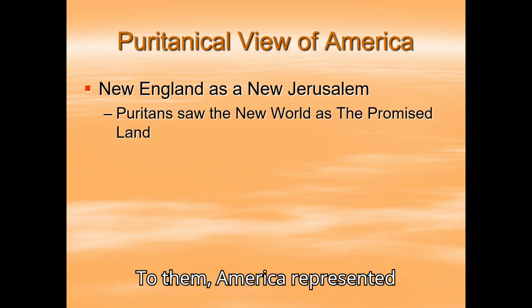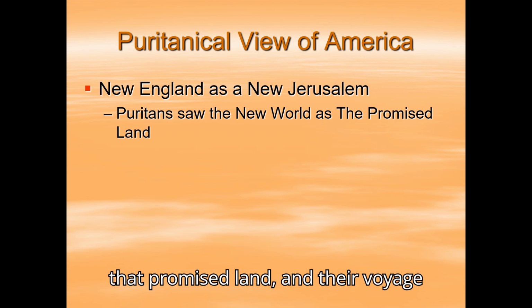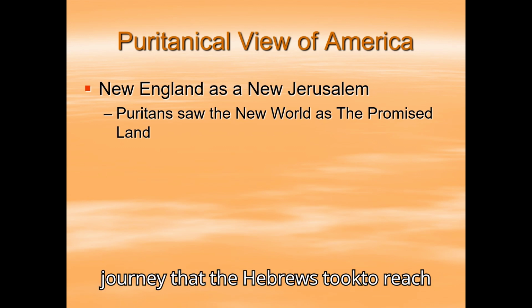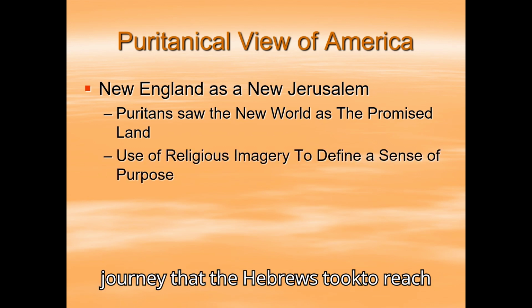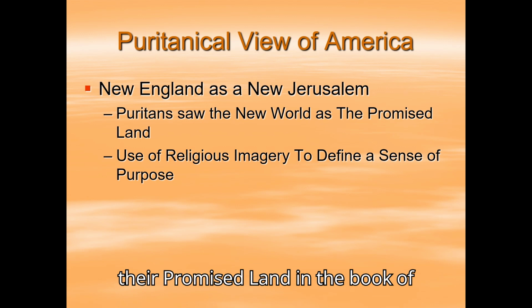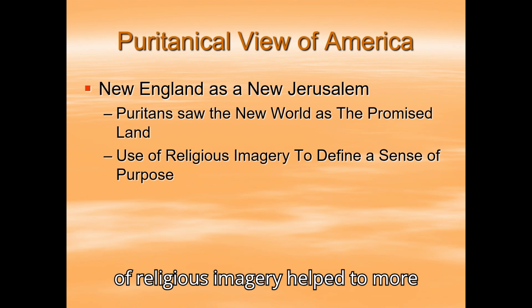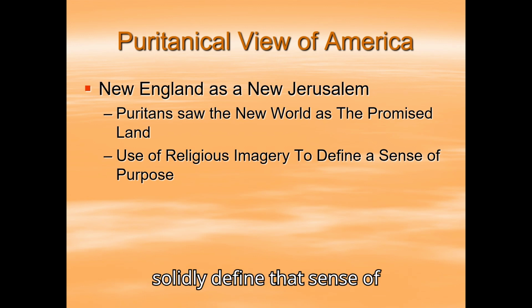To them, America represented that promised land, and their voyage to it was compared to the 40-year journey that the Hebrews took to reach their promised land in the book of Exodus. This use of religious imagery helped to more solidly define that sense of mission or purpose to be a success, to be that shining example.